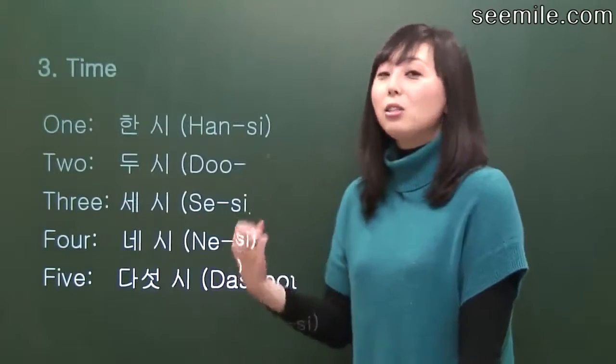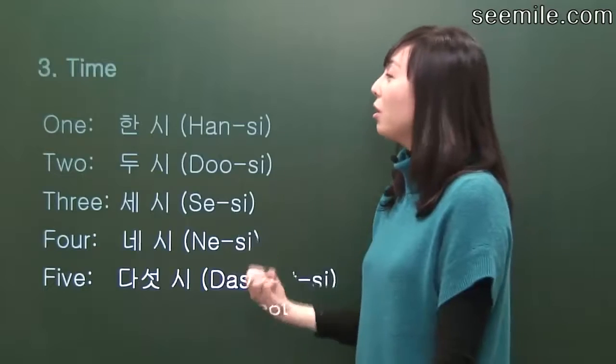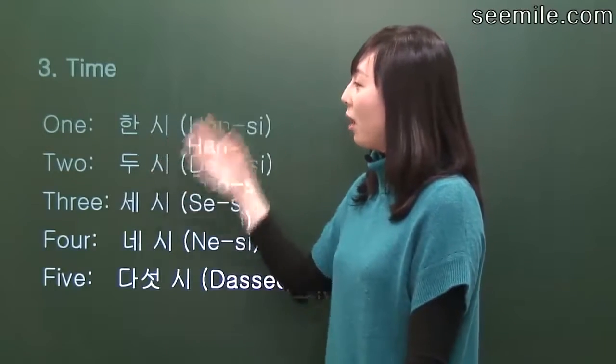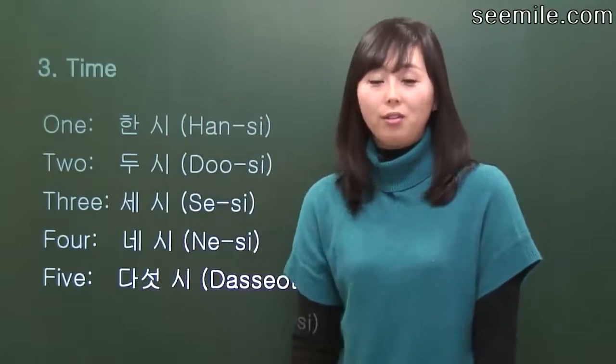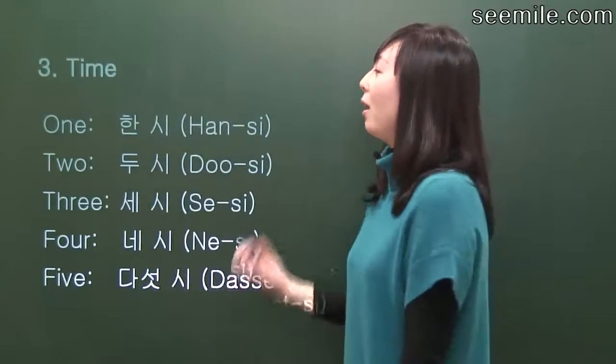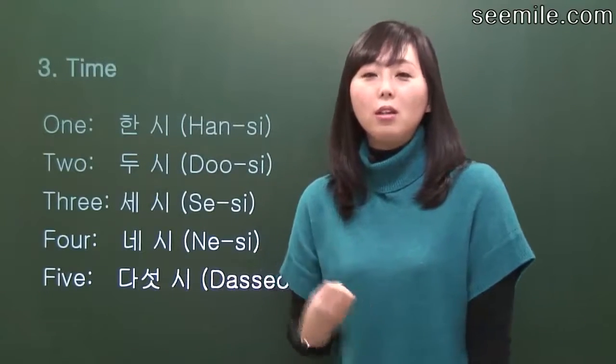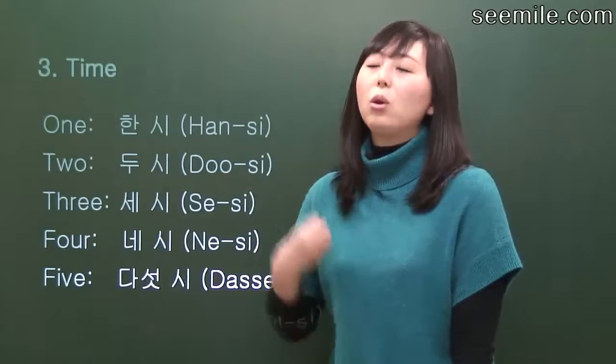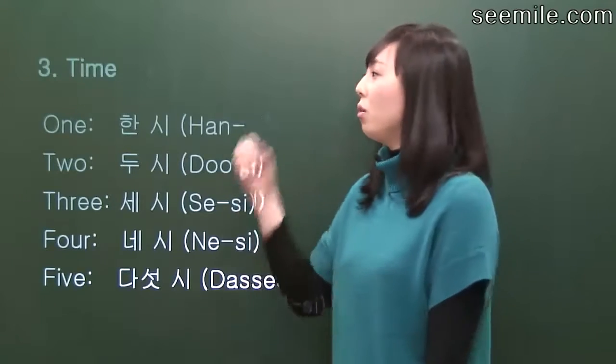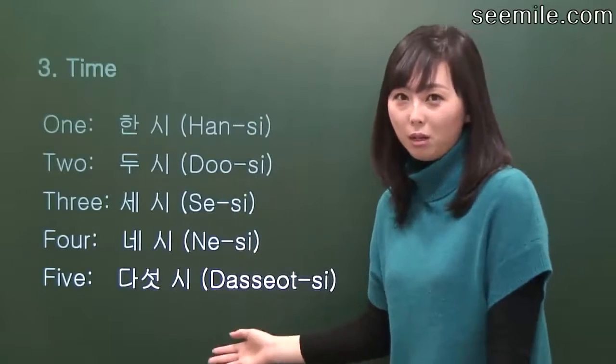You got it? So now you learned numbers for time from 1 to 12. I used to teach Korean in America, and my students all had a hard time remembering time in Korean.